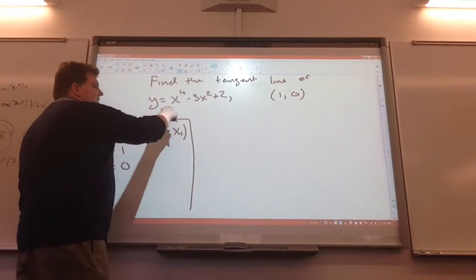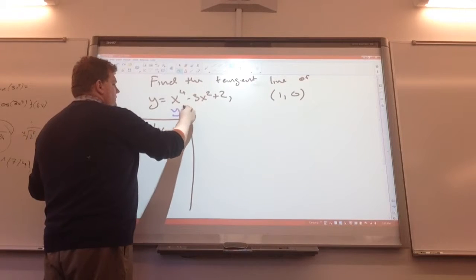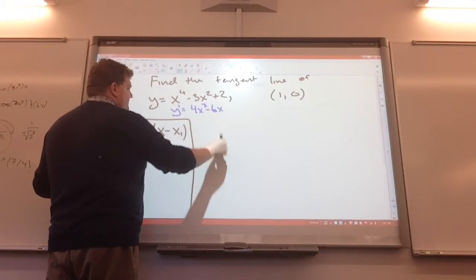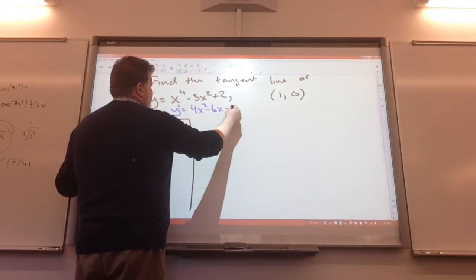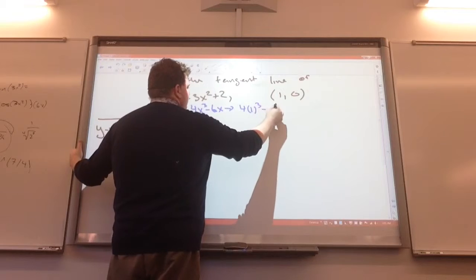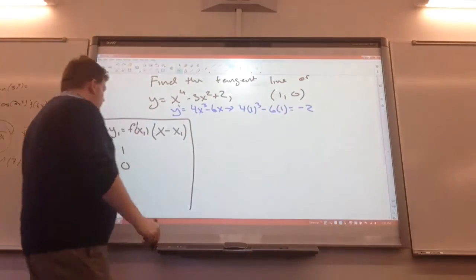So what's the derivative of this thing? 4x cubed minus 6x. Evaluated at 1, that gives me 4 times 1 cubed minus 6 times 1, which is minus 2.